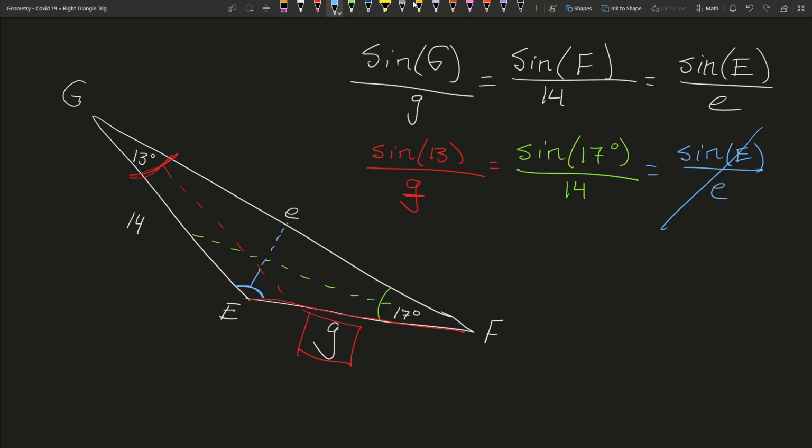Then we can do a little bit of algebra first. If we cross multiply and solve this proportion, we would get that 14 times sine of 13 is equal to g times sine of 17.